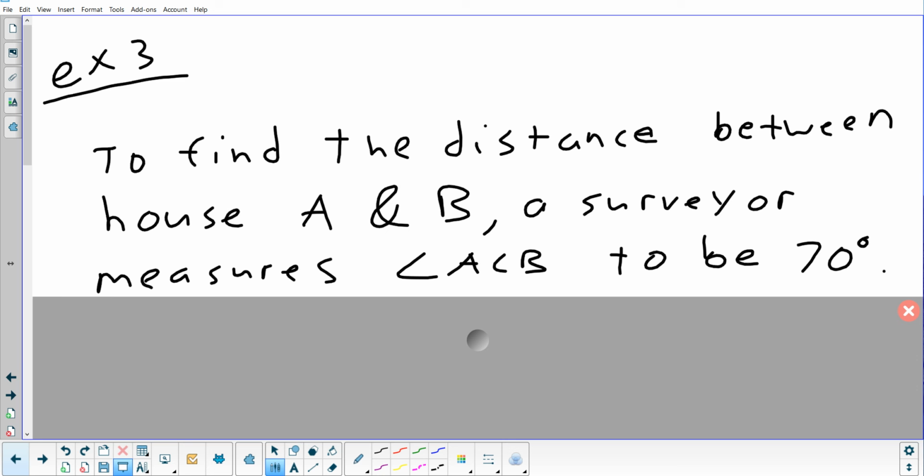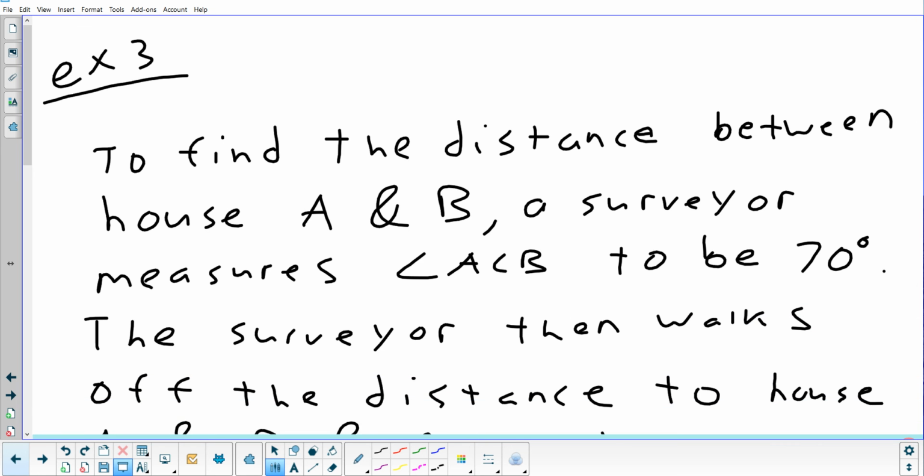All right. So I'll show you the diagram, but basically you're standing at point C, and points A and B are in front of you. So the angle from where you are to the 2 points is 70 degrees. And you know the distance from where you are to point A and from where you are to point B. So in this case, we don't have a canyon, we have a house.